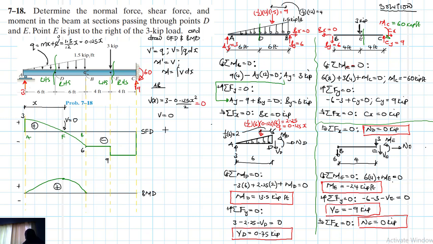Once we do that, we have 3 is equal to 0.125 x squared divided by 2, and therefore our x is plus or minus the root of 6 divided by 0.125, which gives us 6.93. So this value here is a positive 6.93.